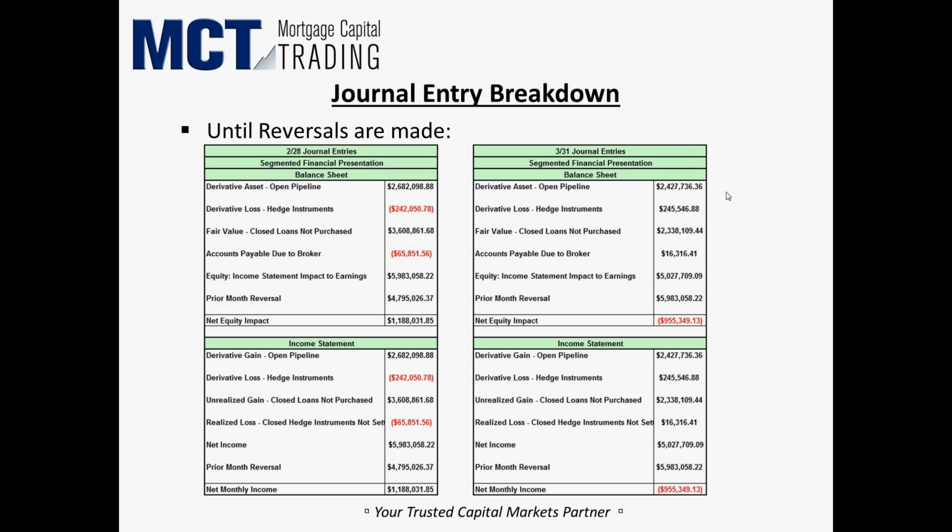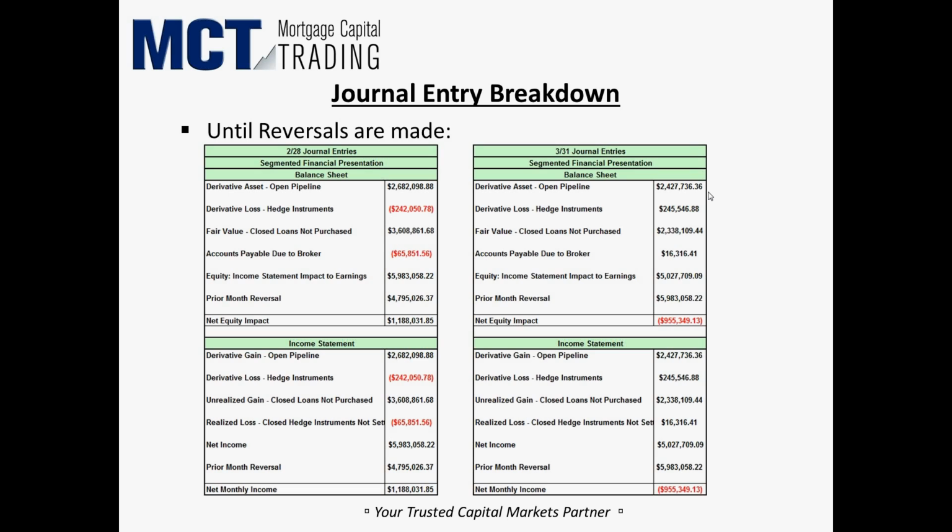You can see that those first four numbers, which make up the derivative asset, do not include cash in the door. Now, obviously, I have no doubt that everyone on the call is correctly accounting for that somewhere. But the point is that when we're looking at this $955,000 differential, we're not including cash.